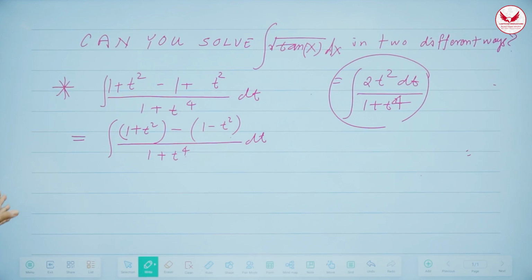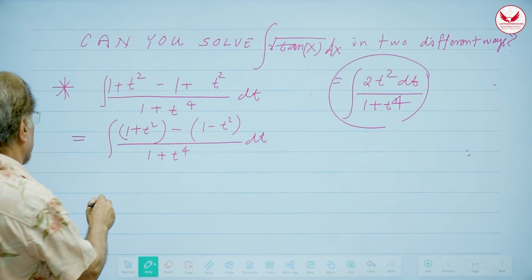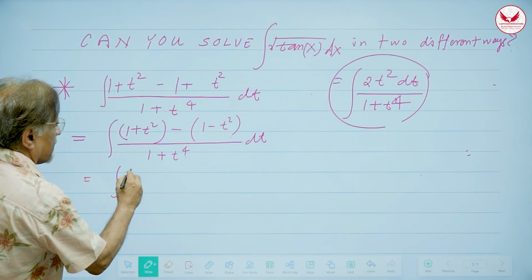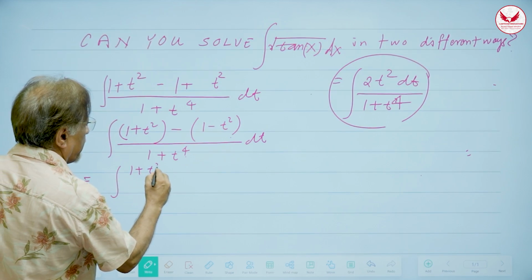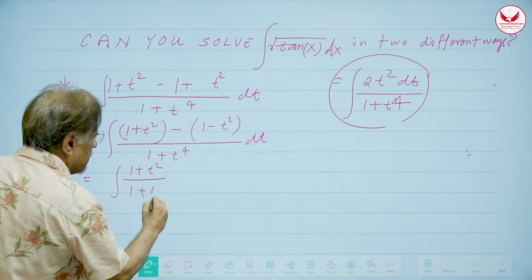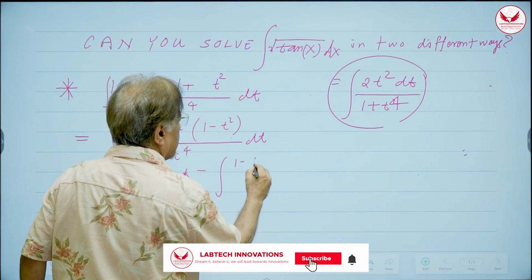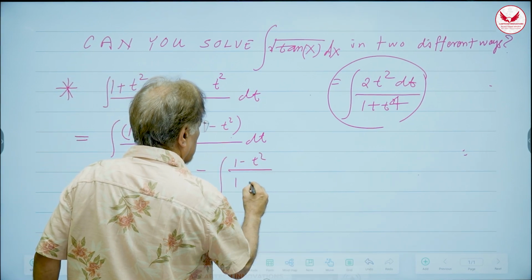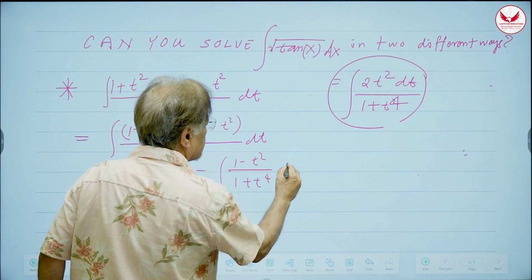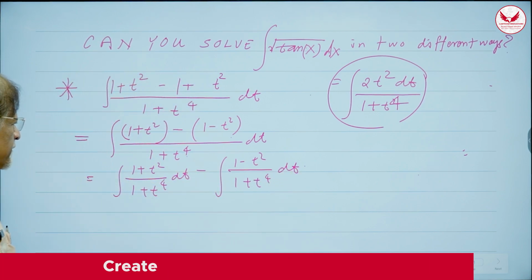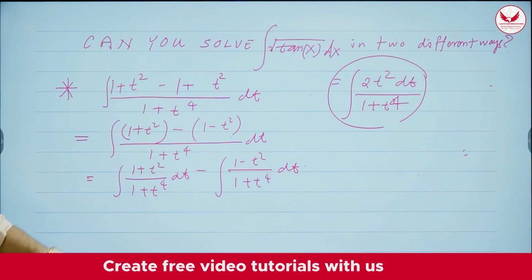Now we are going to turn this problem into two different problems. So I'm going to write it like this: 1 plus t square upon 1 plus t raised to 4 dt, minus 1 minus t square upon 1 plus t raised to 4. Interesting, right? So this one problem has now given rise to two different problems.